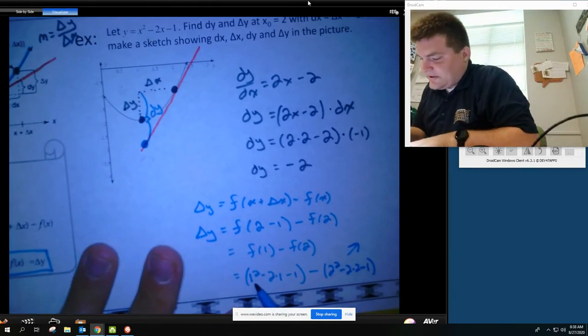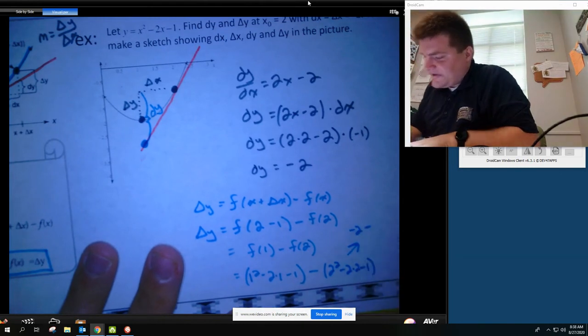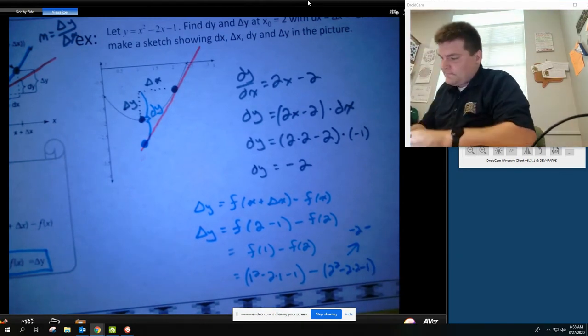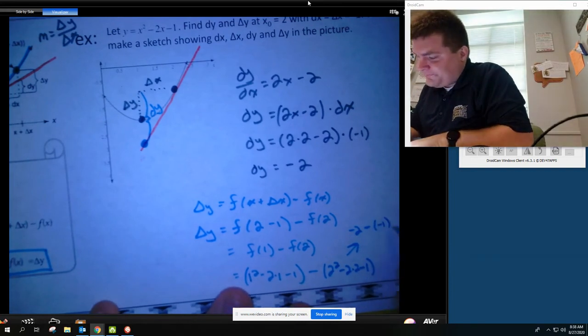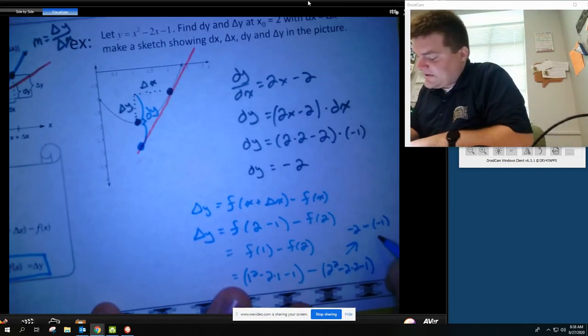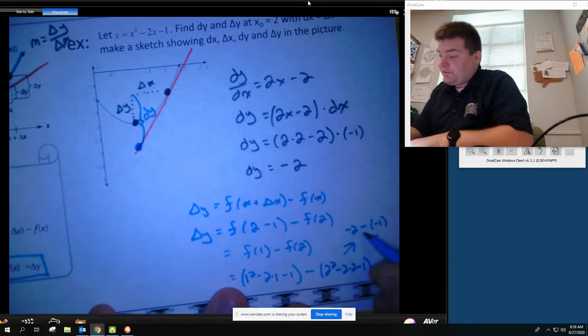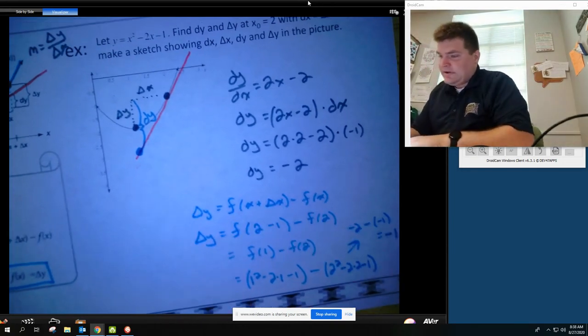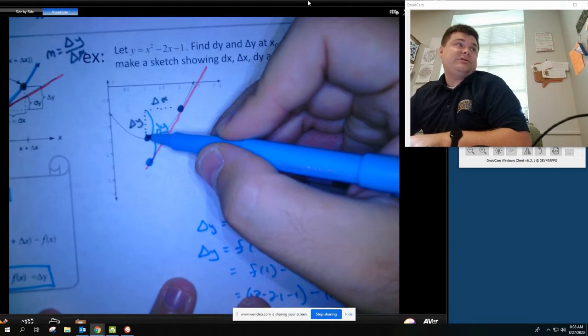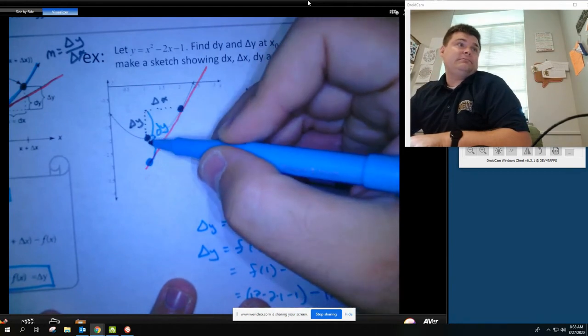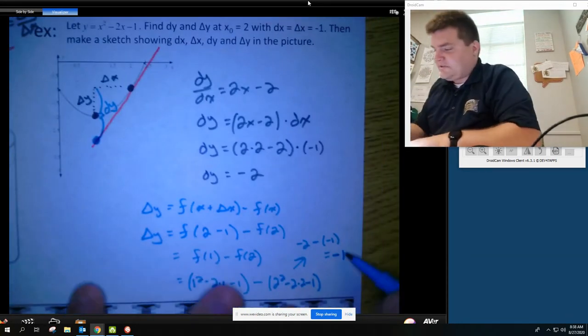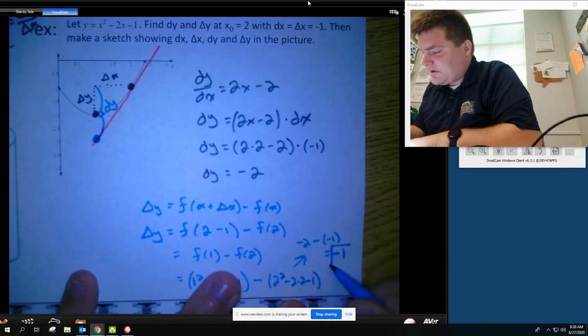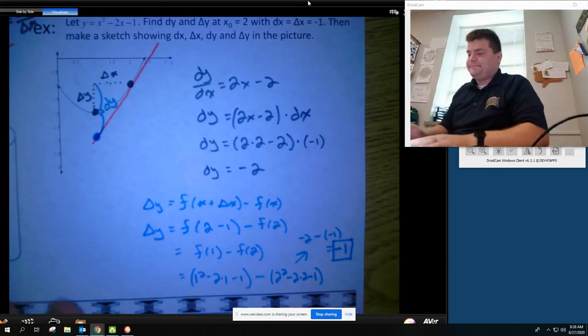This is going to give me negative 2 minus negative 1, which is going to give me an answer of negative 2 plus 1, which is negative 1, which is something that I already knew right here just by drawing it. Okay, so this is my answer for delta y.